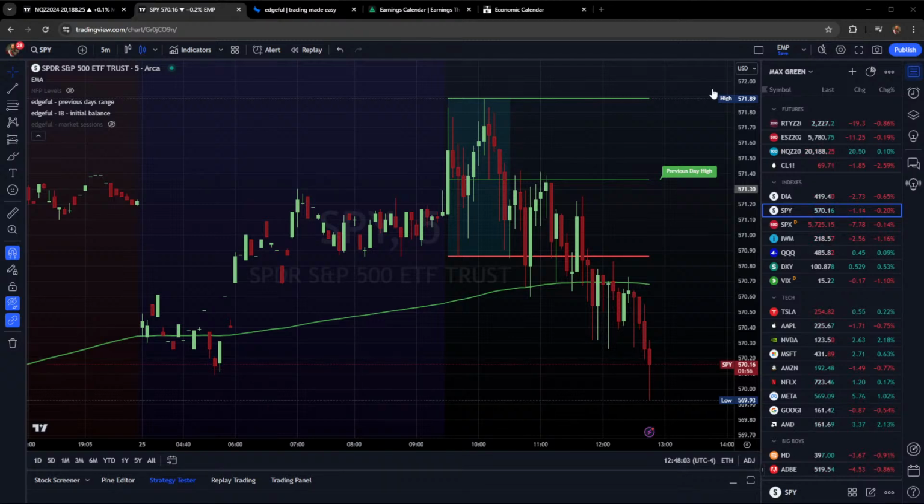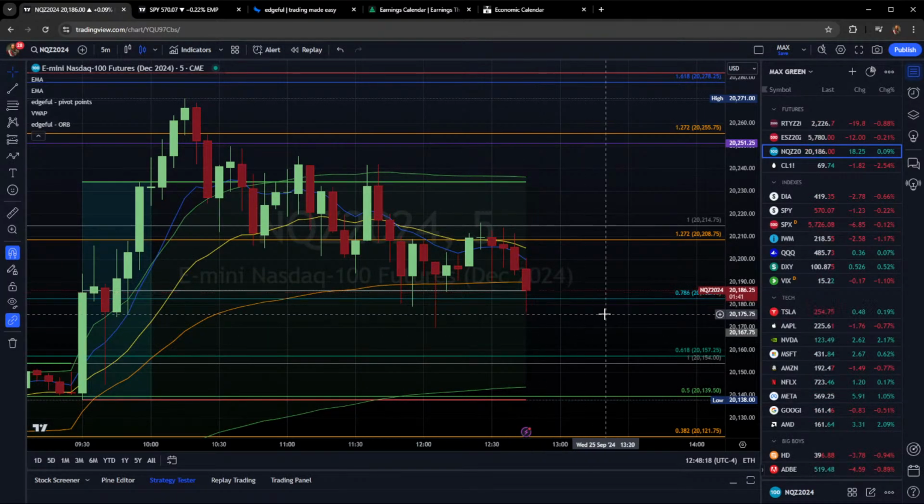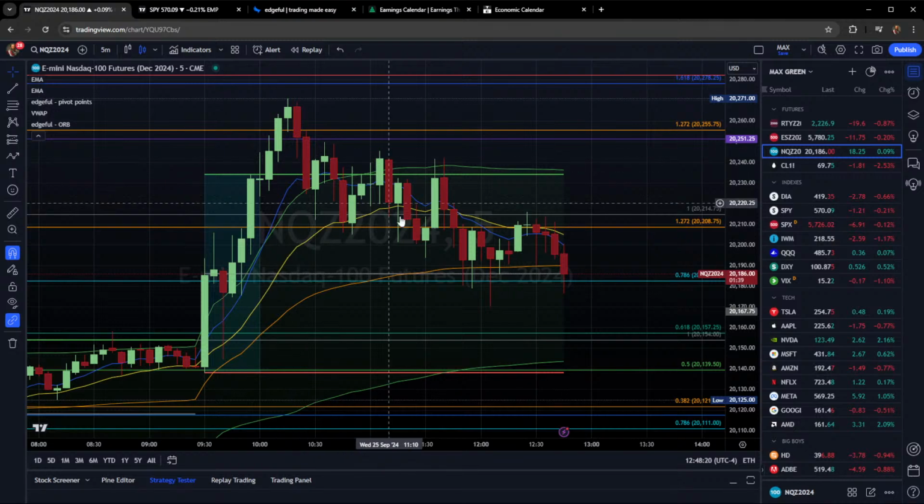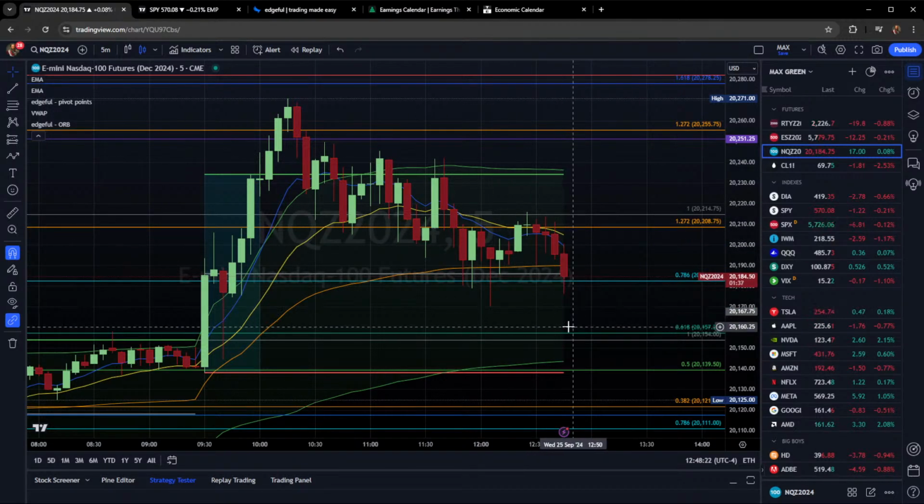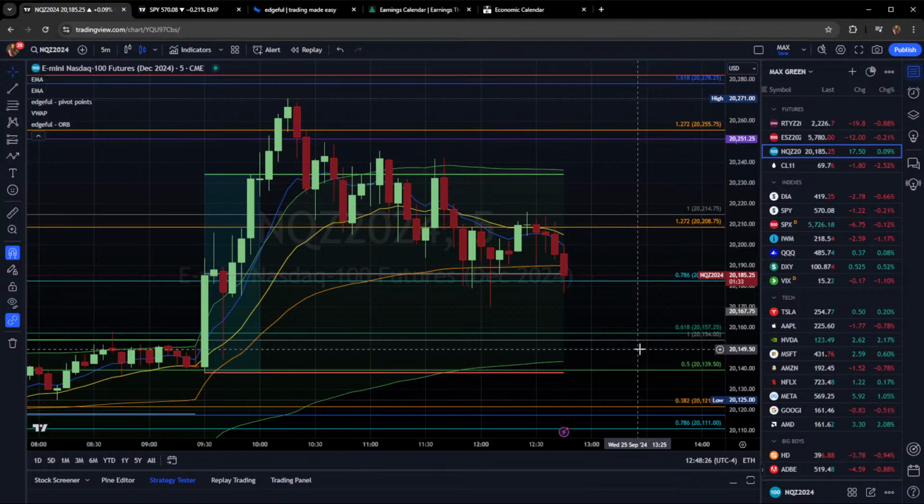SPY getting bought up pretty quick right there. We need this to go bump, bump.